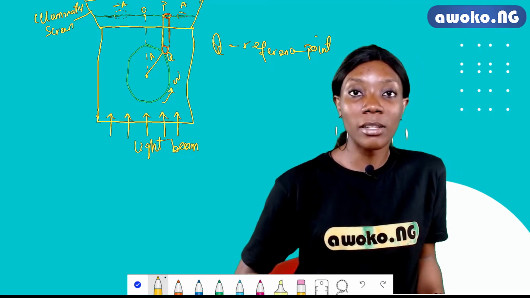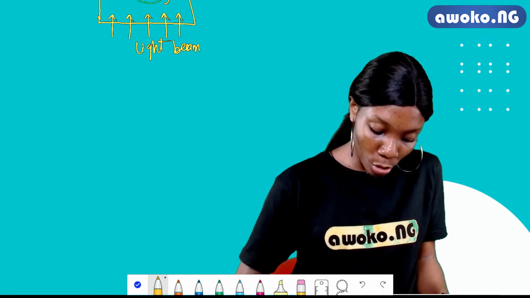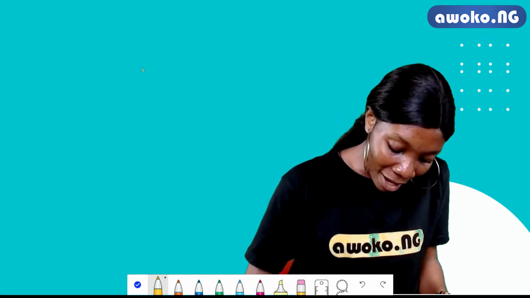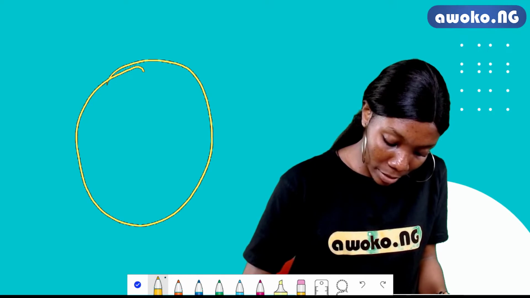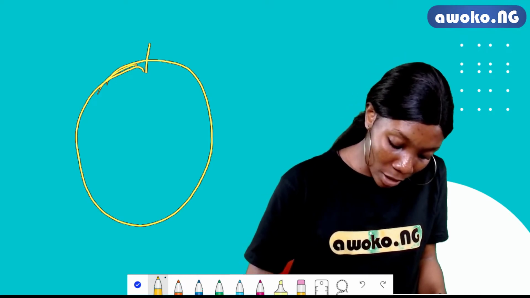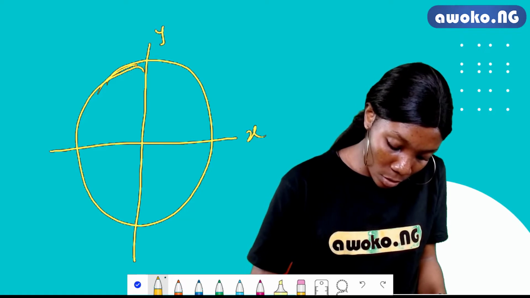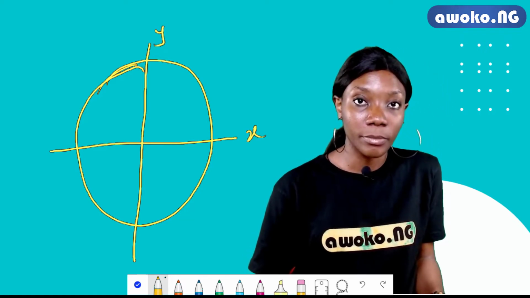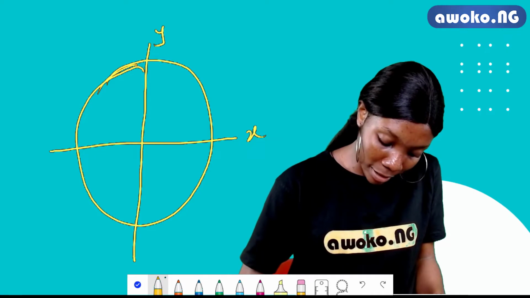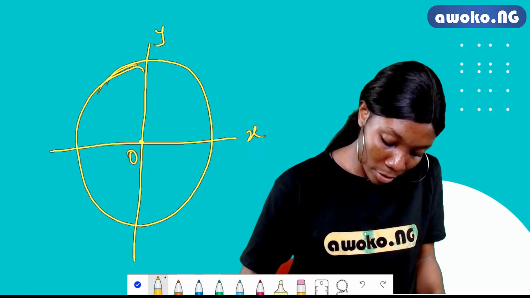Now let's take another drawing to show this. So if we have the reference circle like this, and we have the xy plane, with origin at this point O here.